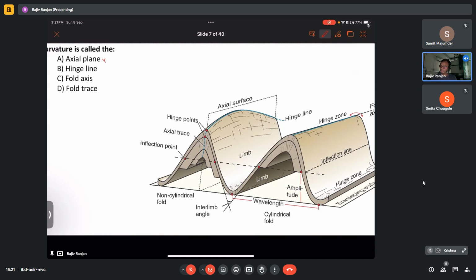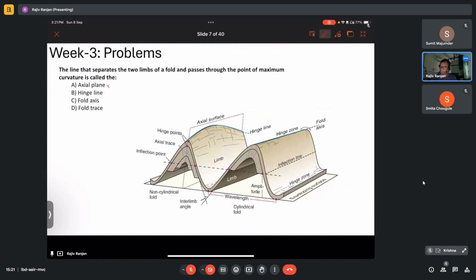Hinge line. The all-important thing is the point of maximum curvature. So the hinge line is the line of maximum curvature. We know that. Fold axis is not it, because the fold axis lies everywhere, right? You can have it here, and also going through like this and like this.